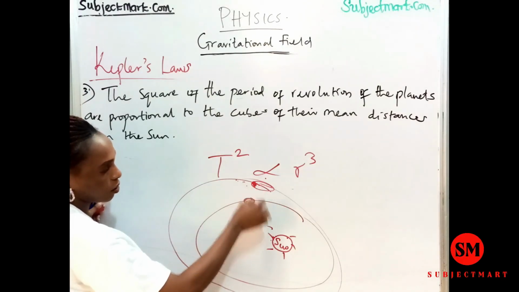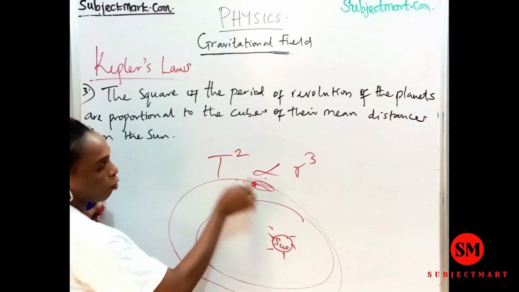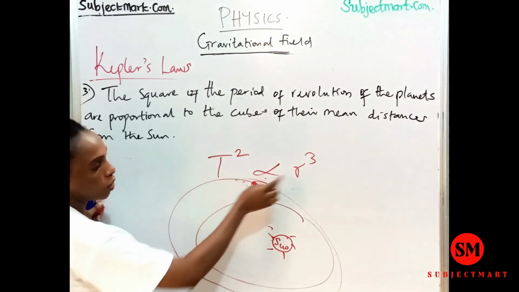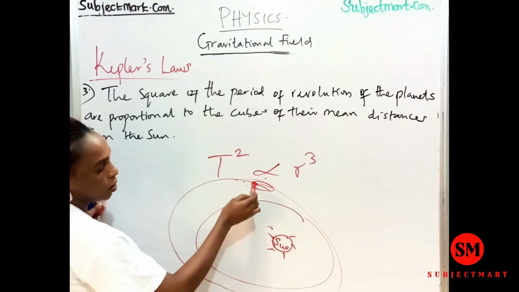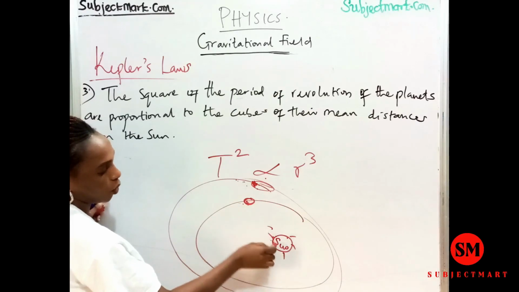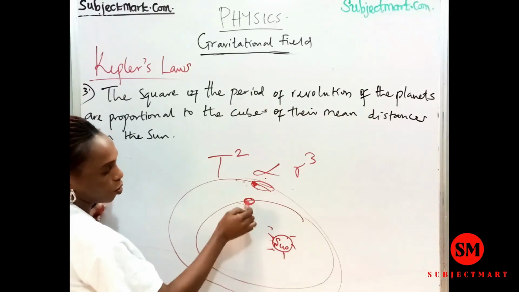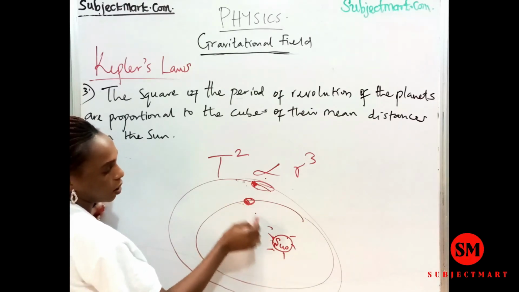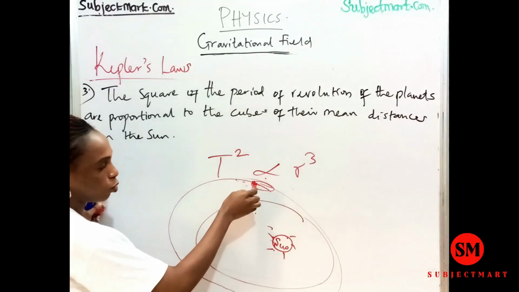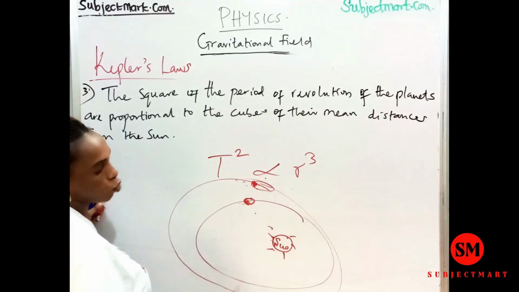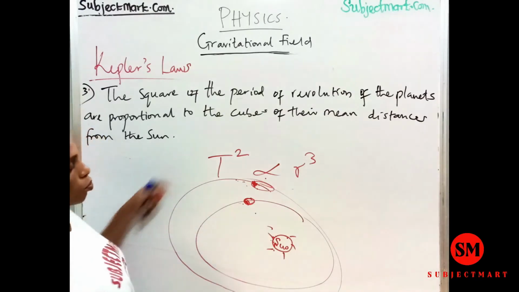That's because we said the period of revolution is proportional to the distance apart. The distance from here to here is more than the distance of this planet from here to here. So because of that increase in distance, it also explains why this planet will require more time to move around.